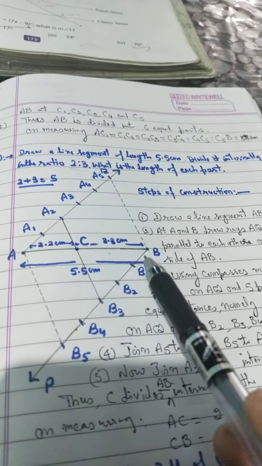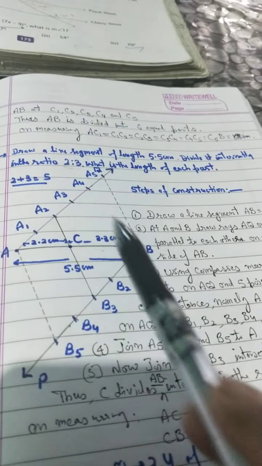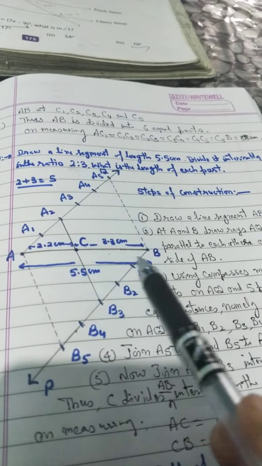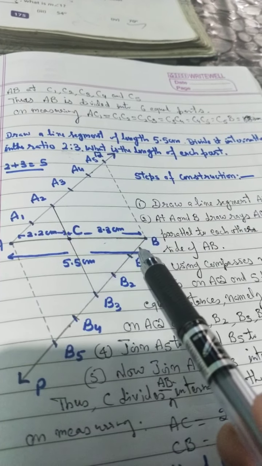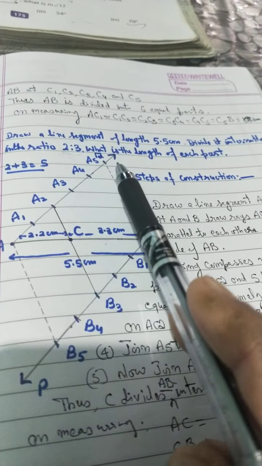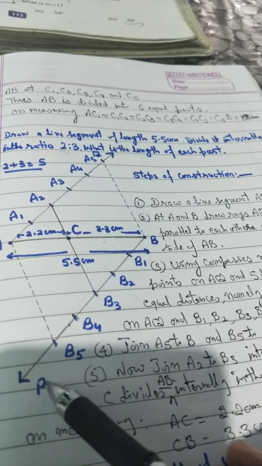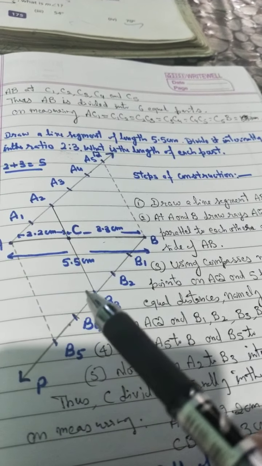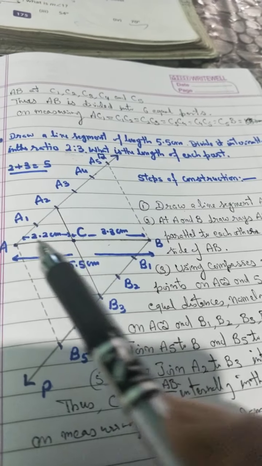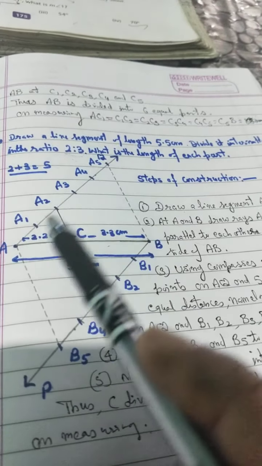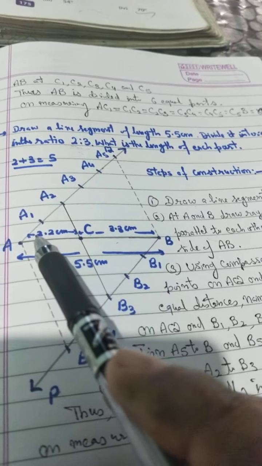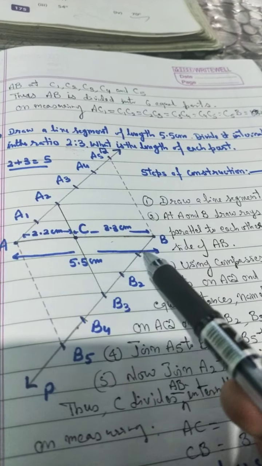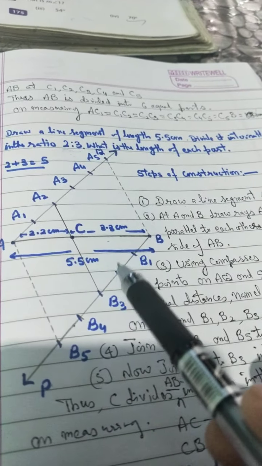First step, also write down the steps. Draw a line segment AB equal to 5.5 cm. At A and B, draw two rays AQ and BP parallel to each other on opposite sides of AB. You have to take these angles at A 45 and at B 45, but on opposite sides of AB.